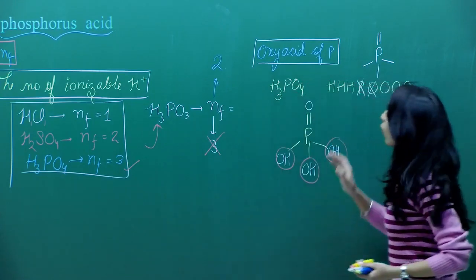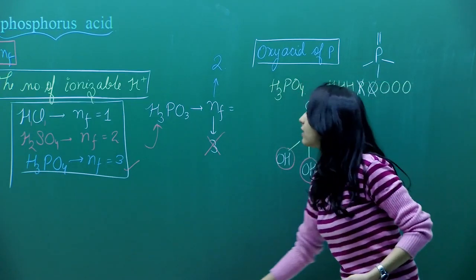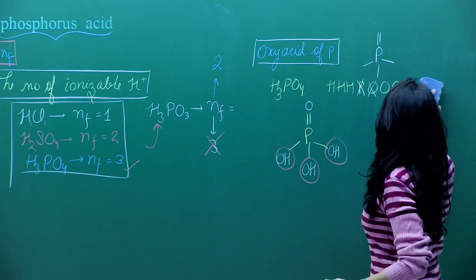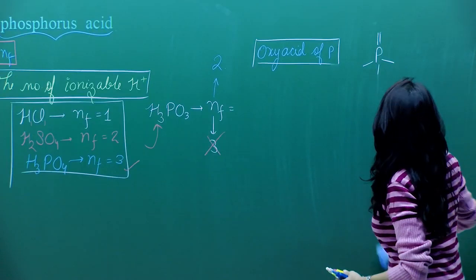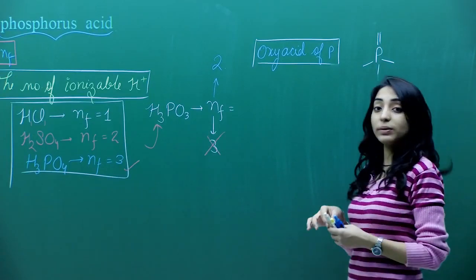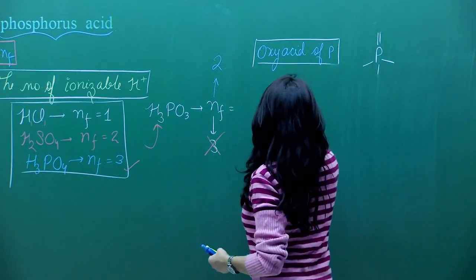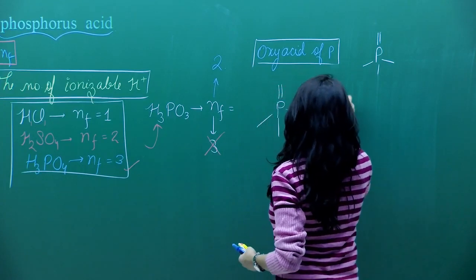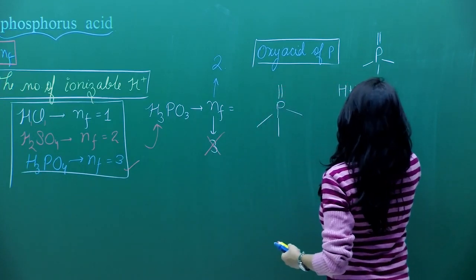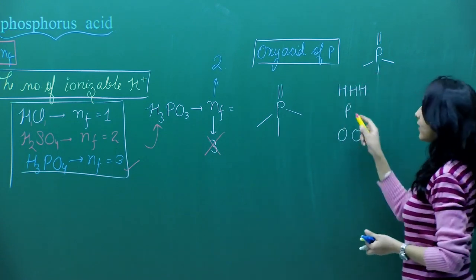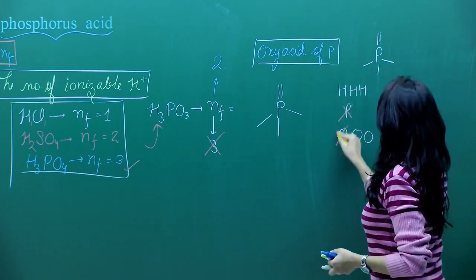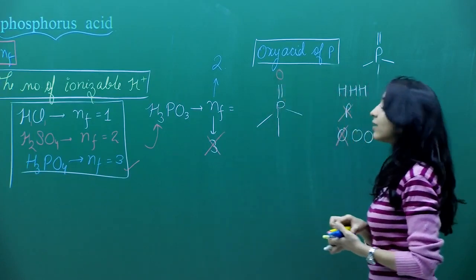Now on a similar basis, let us draw the structure for H3PO3. P in the center, done. 1 O will form a double bond, done, right?